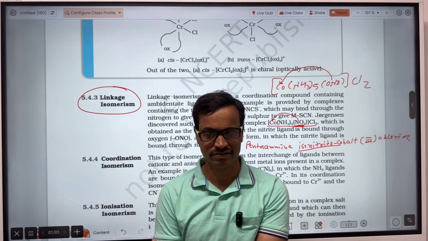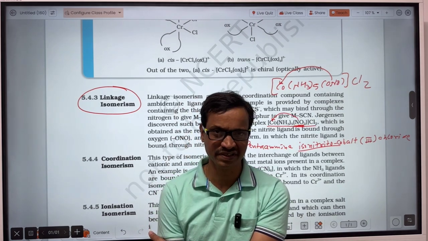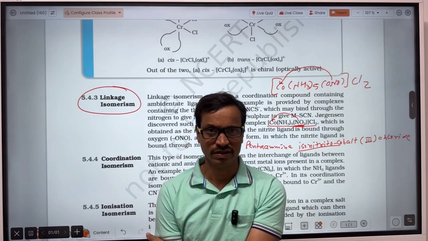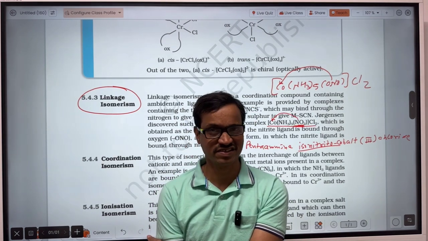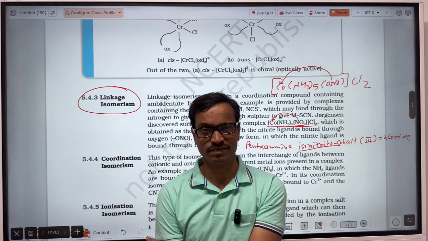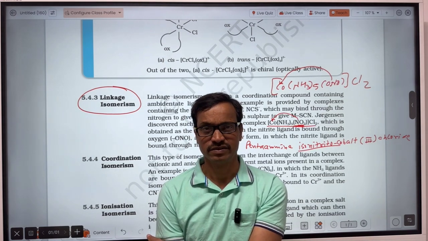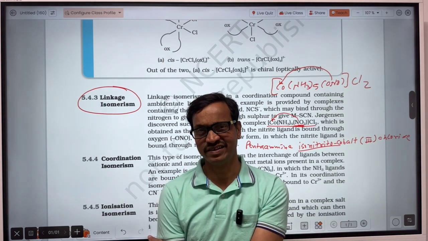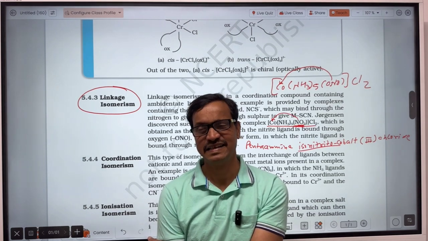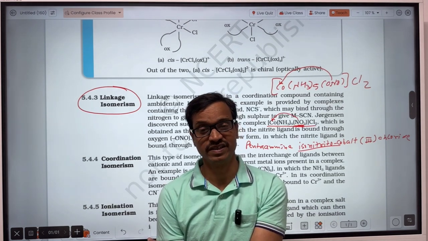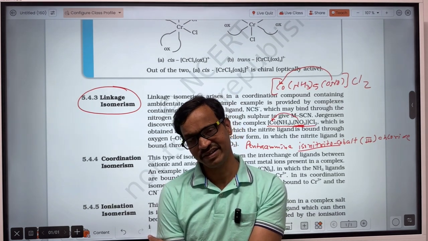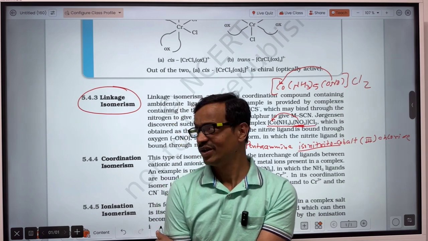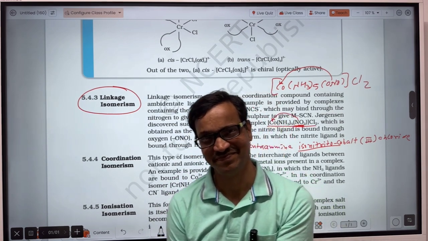So in that option, you will have to watch out for the coordination compound which contains the ambidentate ligand. That compound will show linkage isomerism.